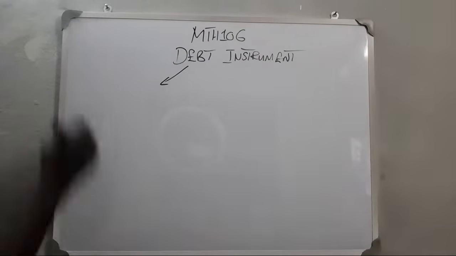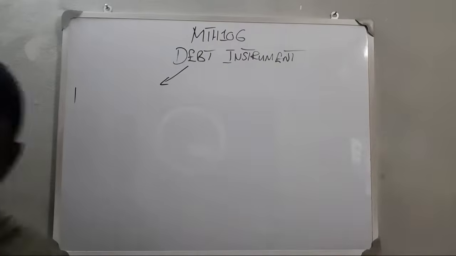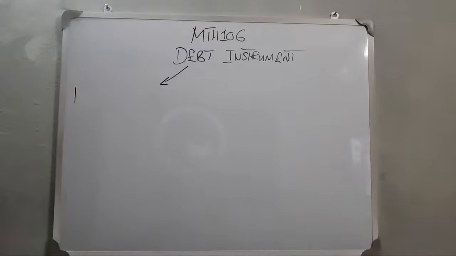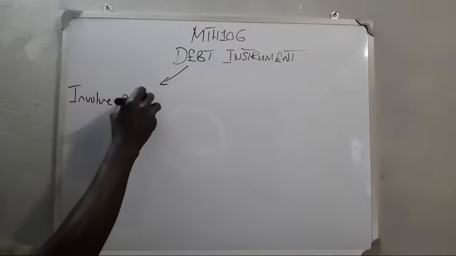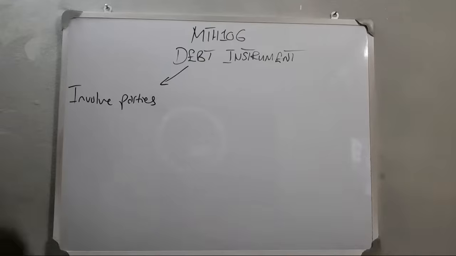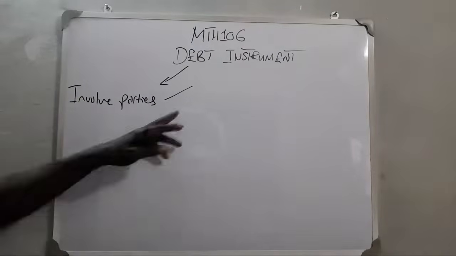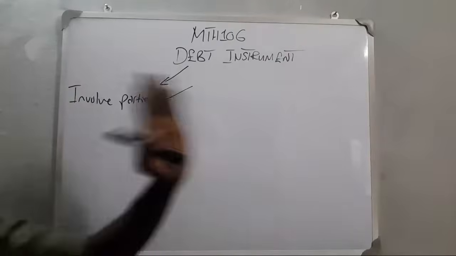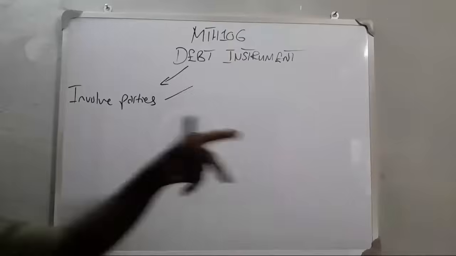Now, one thing we need to know about this instrument is that it cannot be used in isolation. It involves the activities between parties. That's the first thing we need to know. One person in this party is the one giving the obligation that enables the issuing party.